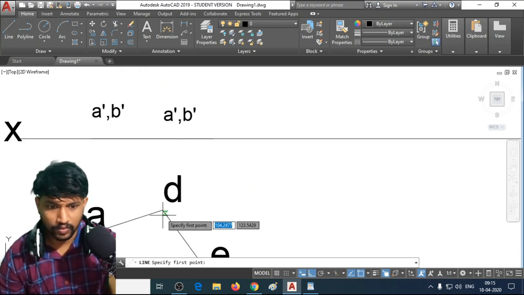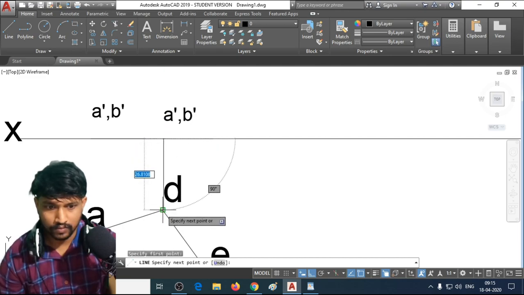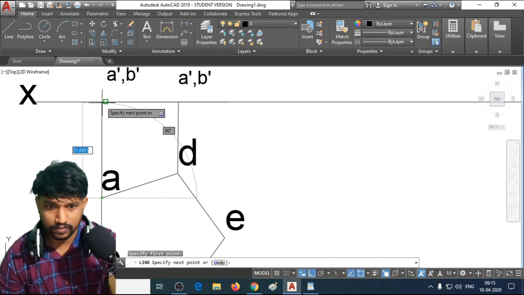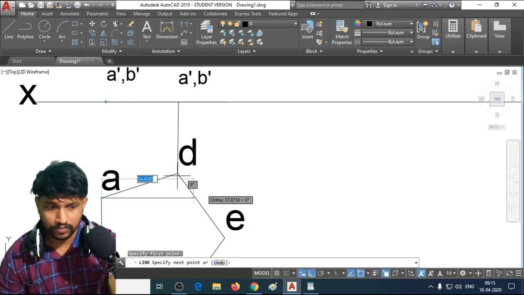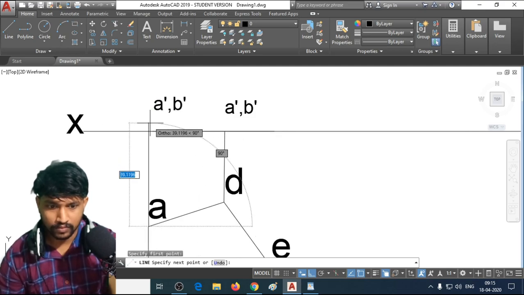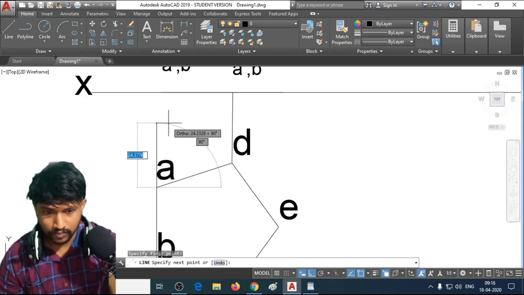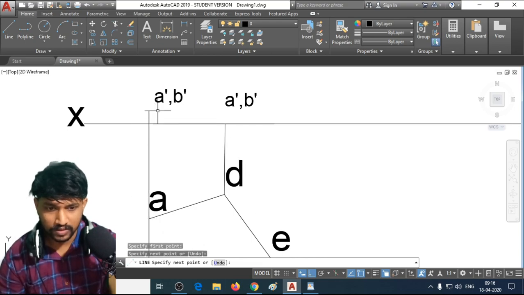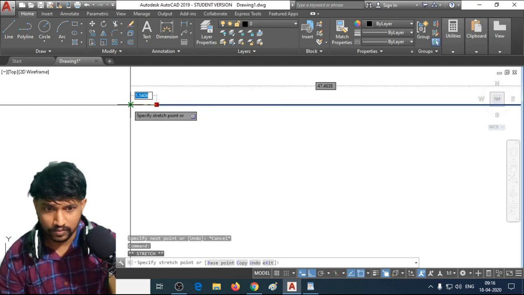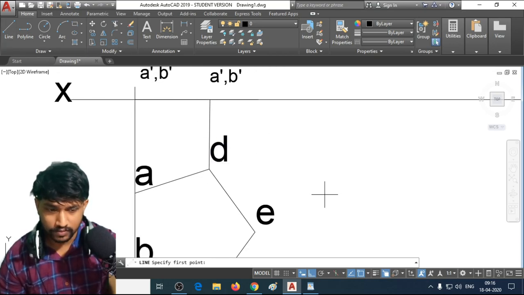I have to mark a point also. Projections. I'm just drawing the projections. That's why I'm so concerned. Even if we do a single mistake, see here, these two lines are not. I think I don't want that to be happening. That's why I need to draw the projections.